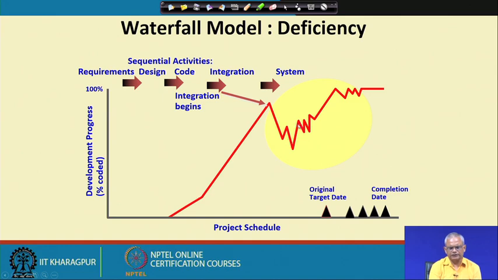This is a typical project scenario, the problems start during integration testing, and the project starts getting delayed. The project manager announces a new delivery date, again has to change it, and so on. This is a typical problem of the waterfall model, late integration.